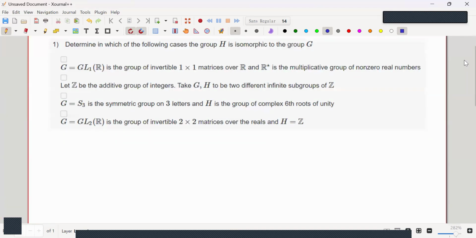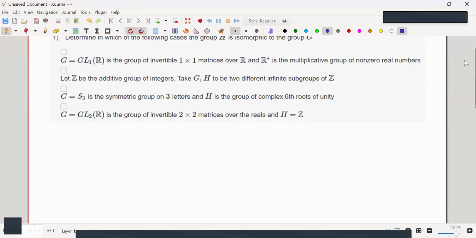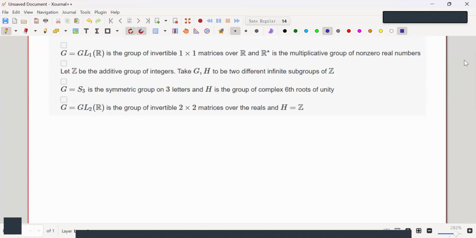We are given G to be GL1R, the group of invertible 1 cross 1 matrices over R, and R star is the multiplicative group of non-zero real numbers. Are they isomorphic?